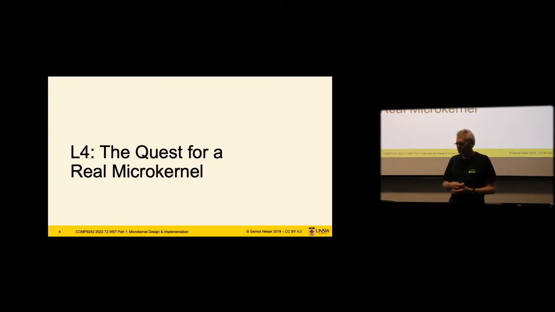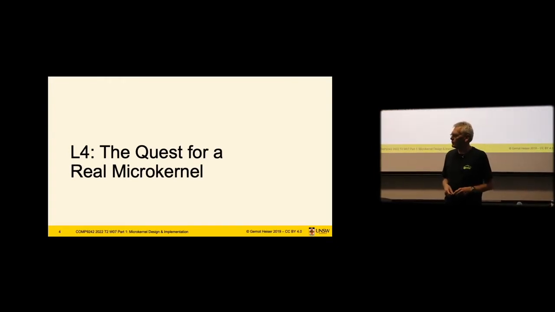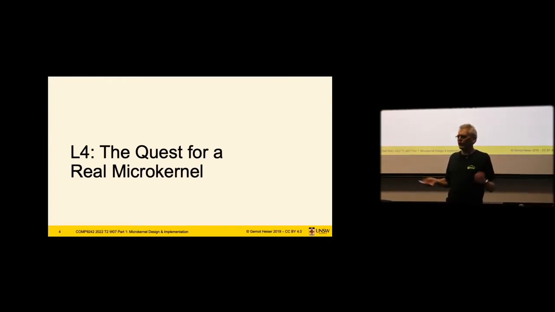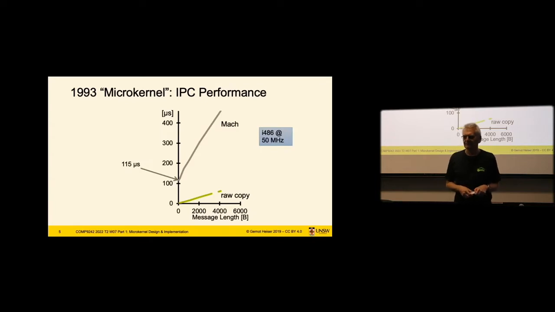So that was the initial one, and then in the 80s the idea had a revival, and everyone was building microkernels, and then in the 90s the big setback came.